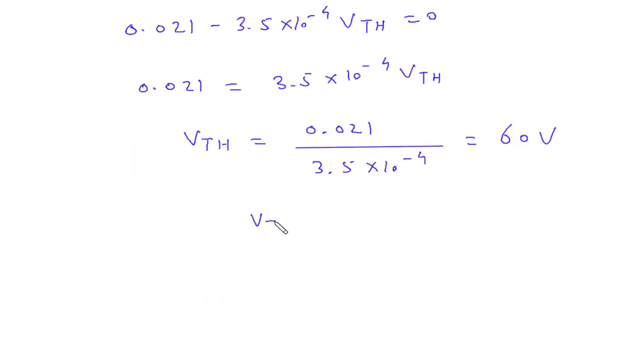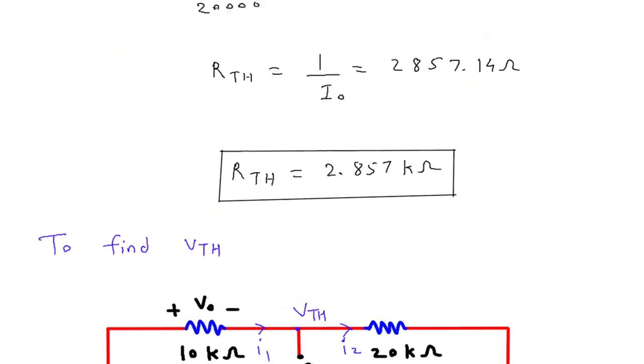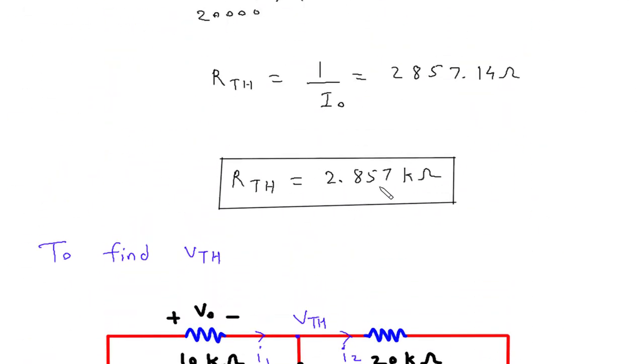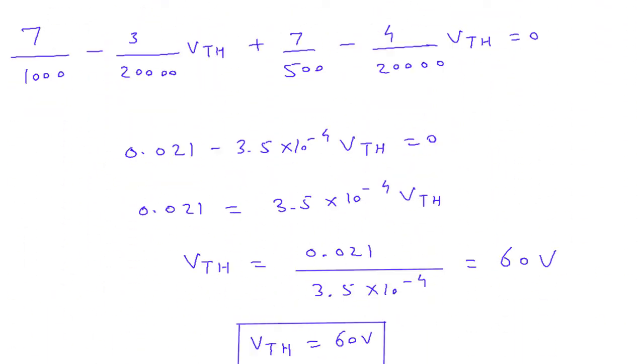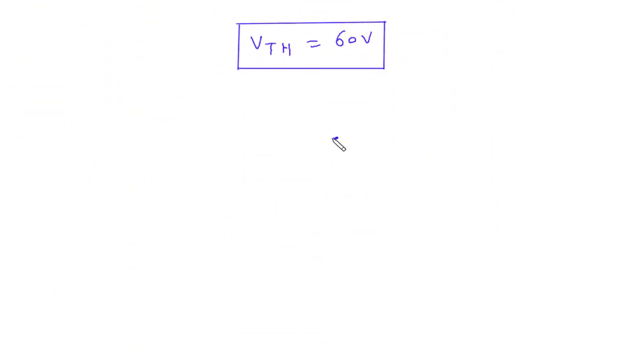Therefore VTH is equal to 60 volt and RTH is equal to 2.857 kilo ohm. What we have to find? We have to find Thevenin equivalent at terminals A, B of the circuit. So Thevenin equivalent will be Thevenin resistor in series with Thevenin's voltage.